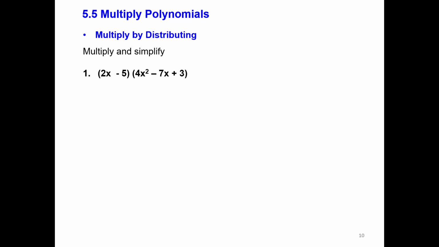The next thing we want is to multiply by distributing. This is called a binomial. If we have two terms, it's a binomial times a trinomial. Then we apply the same concept.